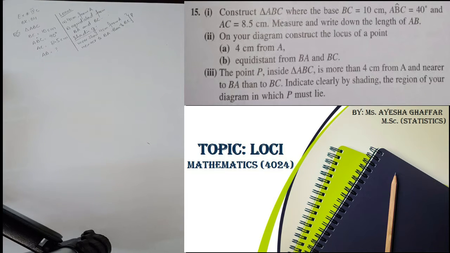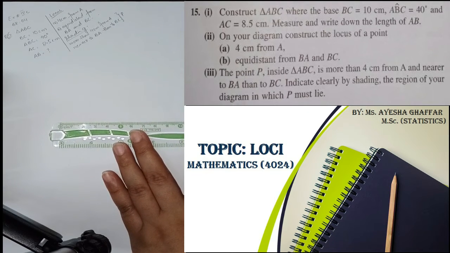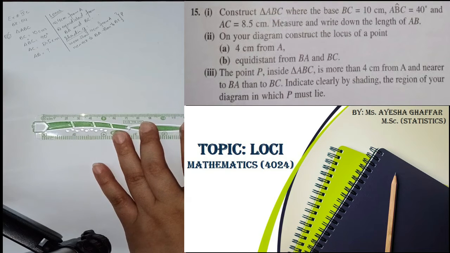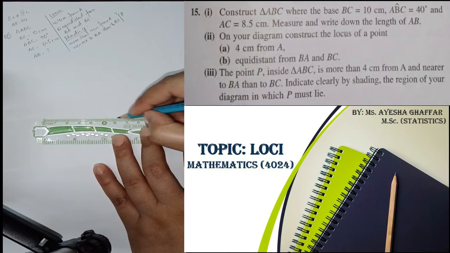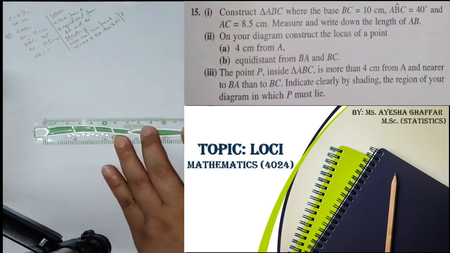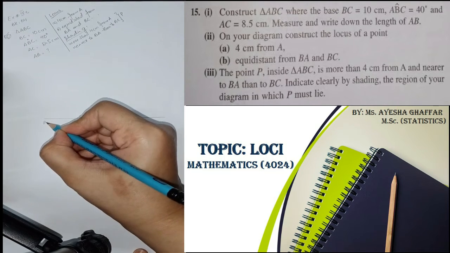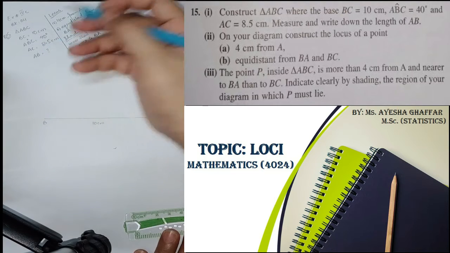So the baseline is BC 10 centimeter. Now we will draw baseline BC 10 centimeter. Here we have a line BC 10 centimeter. Now from point B we will mark an angle 40 degrees.